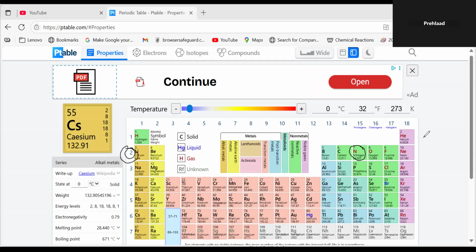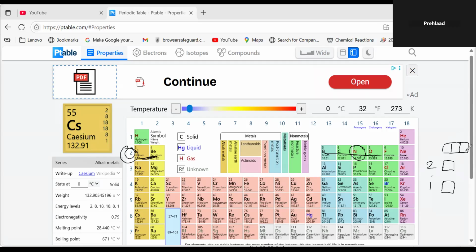Energy level 1, which is lower energy, and energy level 2. That 2 is further subdivided into 2s and 2p. Does that make sense?